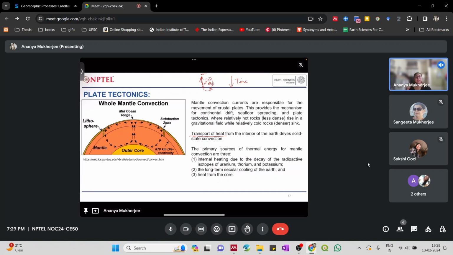So the earth's interior has a cooling procedure that is happening, and also the heat from the core, as we had discussed, the inner core in itself is actually solidifying, and because it is cooling and solidifying, there is heat generated even there, and that again is transported through the core to the mantle, and it helps in keeping this mantle convection in place.